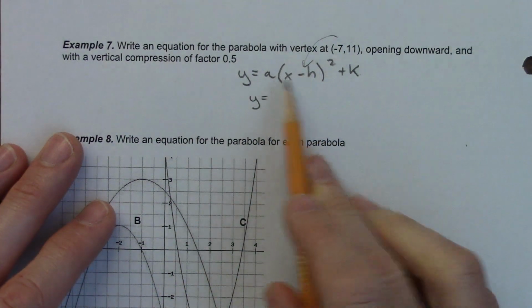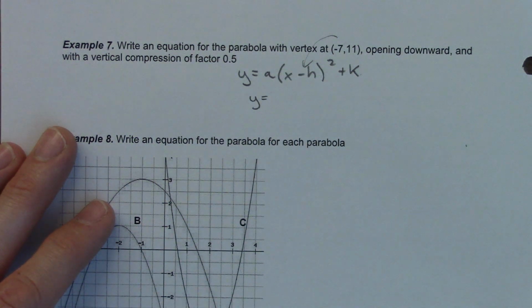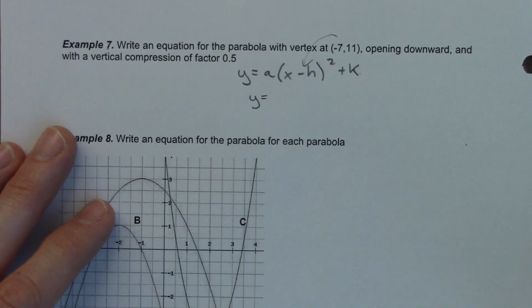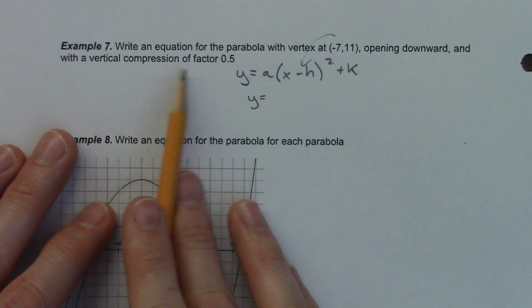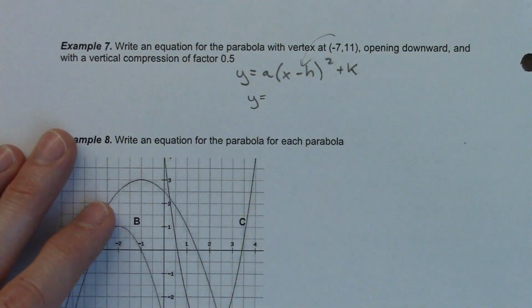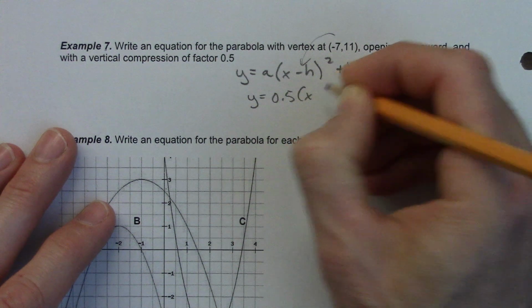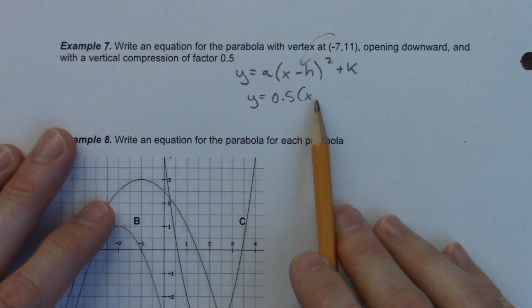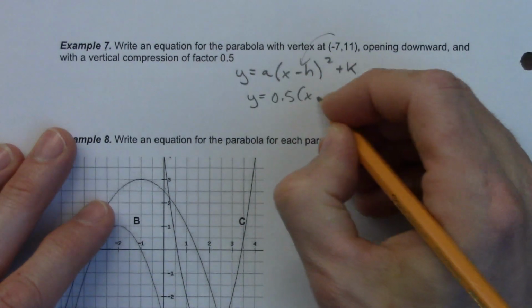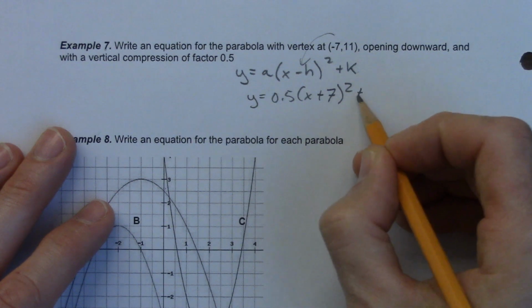Y equals, what's A? It has a vertical compression of a factor of 0.5. Yep, 0.5. Okay, we keep X the same. Now, H is -7, so what am I going to put here in the formula? Plus 7, yeah. Squared, and then K is 11.